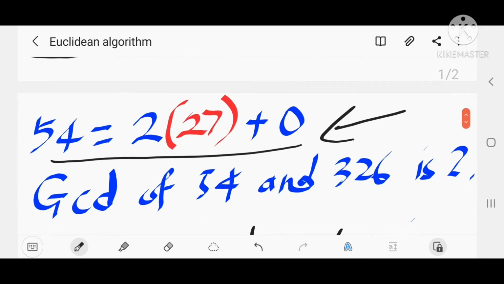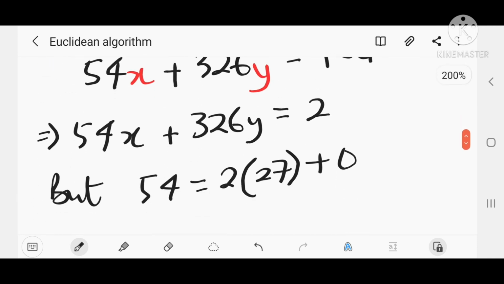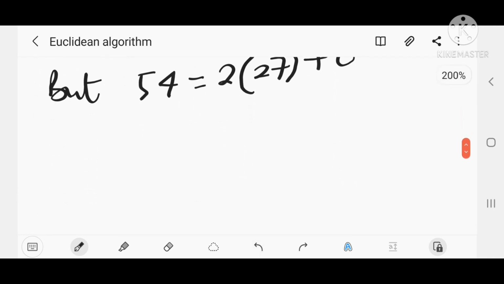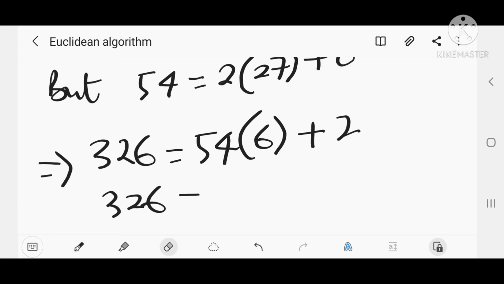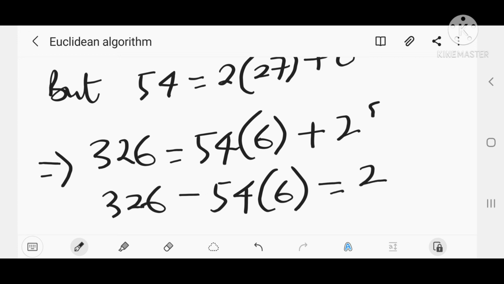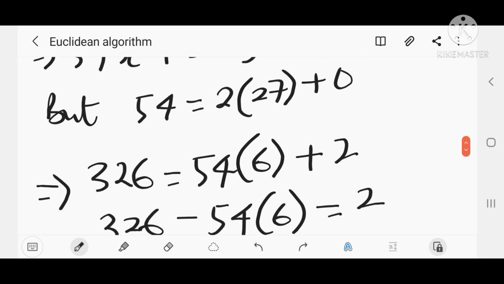So 326 equals 54 times 6 plus 2. Making 2 the subject, we have 326 minus 54 times 6 equals 2. So we don't need the other equation.